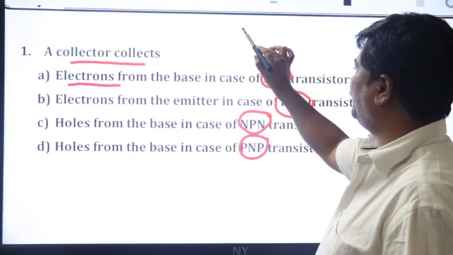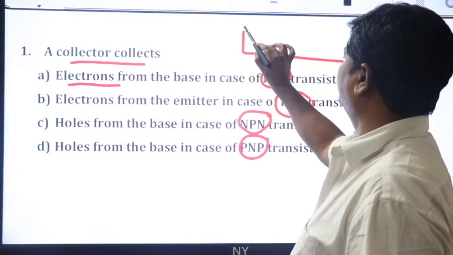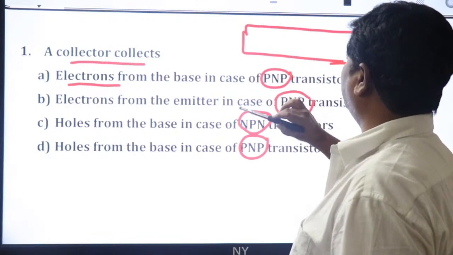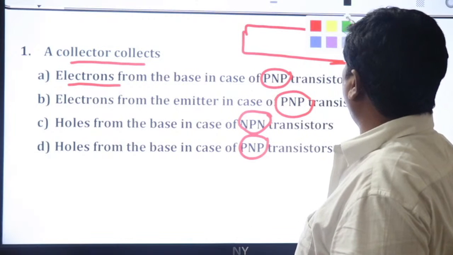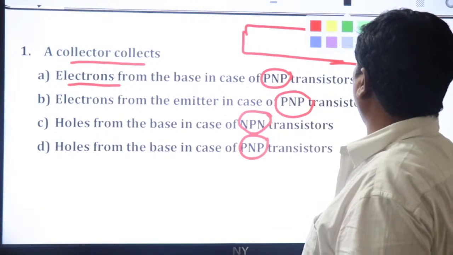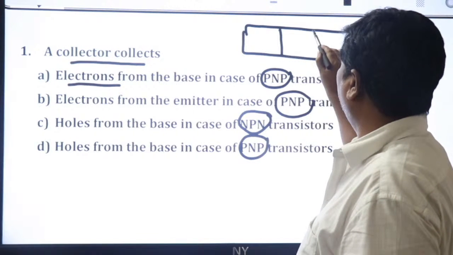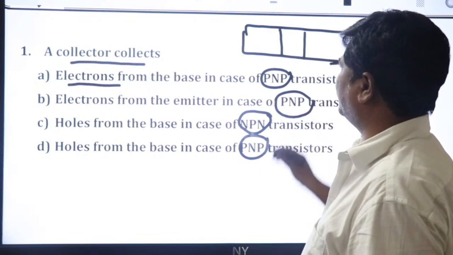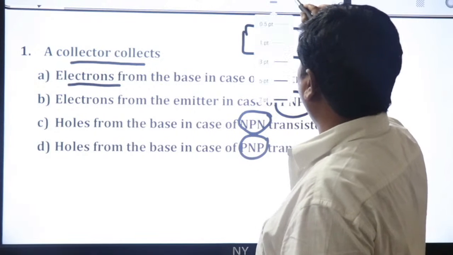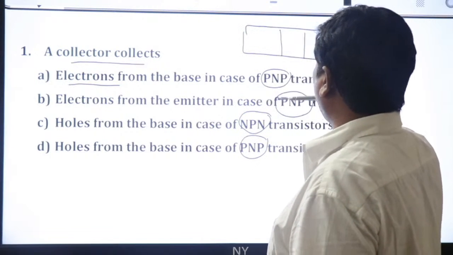Suppose if you take PNP transistor, in this PNP transistor we have an emitter here, base here, collector here.